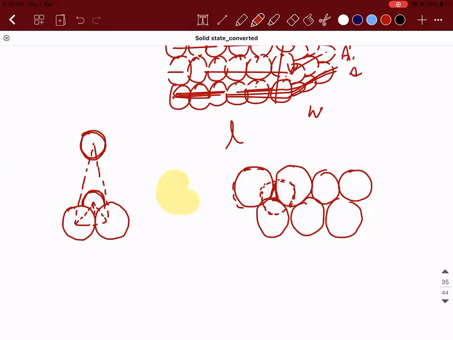Now the second possibility: here, I am taking three particles, and again in the second layer, I am placing three particles in between the particles of the first layer. Just look at this diagram. Do you understand the tetrahedral void? Three particles on the first layer, one particle on the second layer. This particle can be lattice points, atoms, or ions.